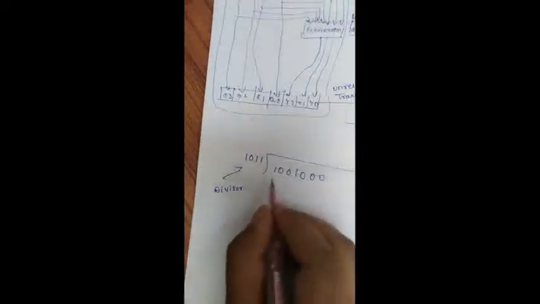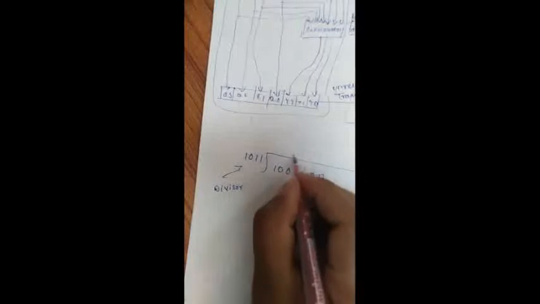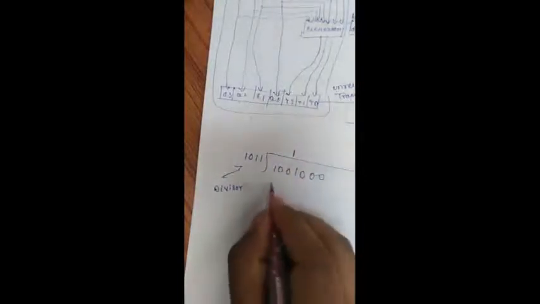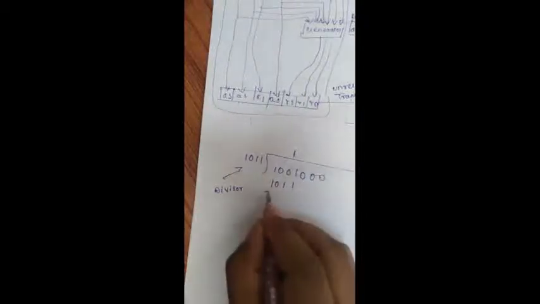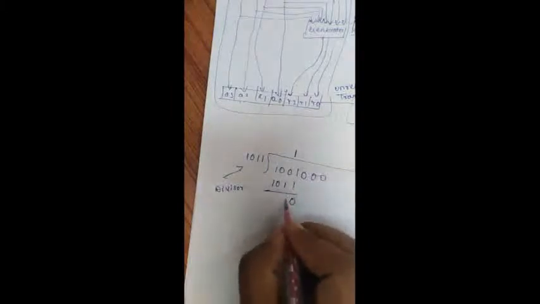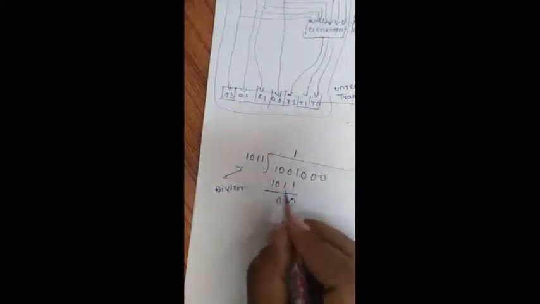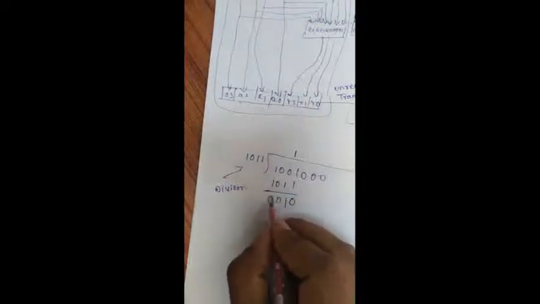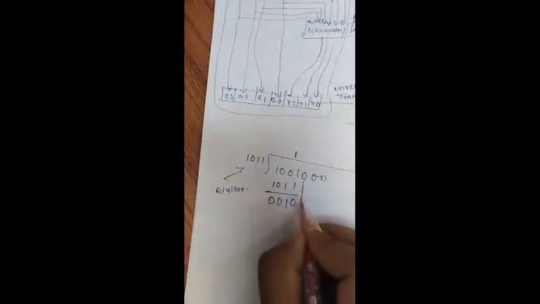Now we perform the XOR operation. 1 1 0 1 1. What will the output become? 1 1 means 0 0 1 1 0 0 0, then 1 1 0. Then we put this value down.